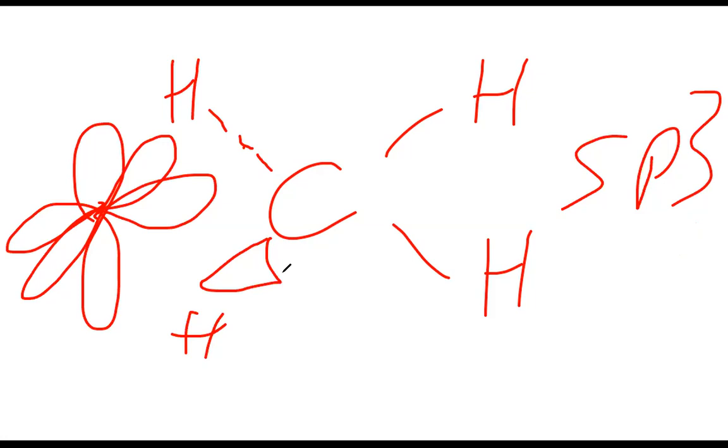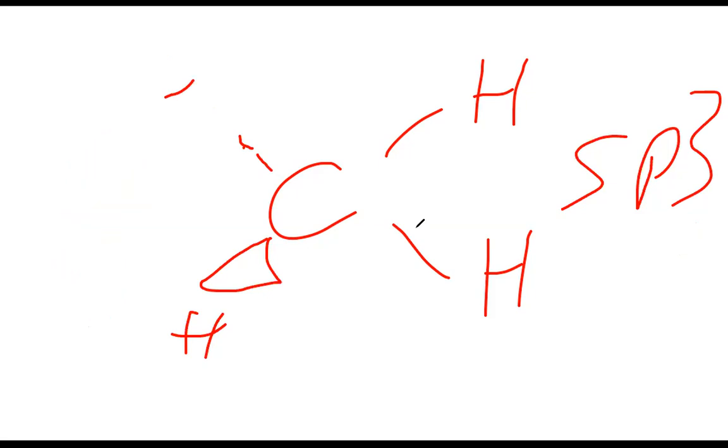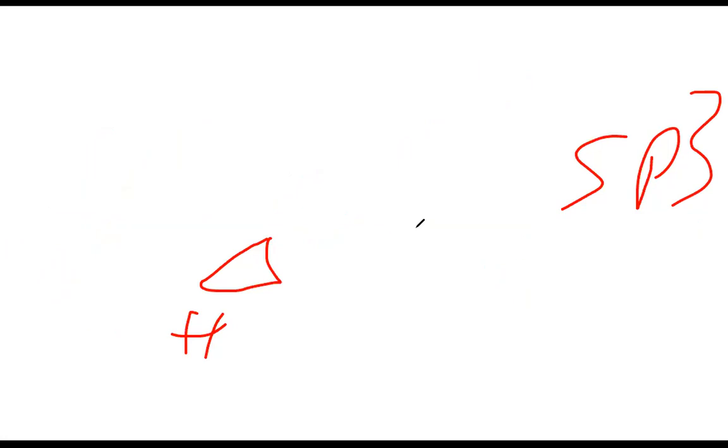Okay. And you can tell that sp3 happens around any atom that has a tetrahedral arrangement of electron groups. So CH4 is sp3 hybridized. So is this other guy over here. So I'm going to draw NH3, right? Ammonia.